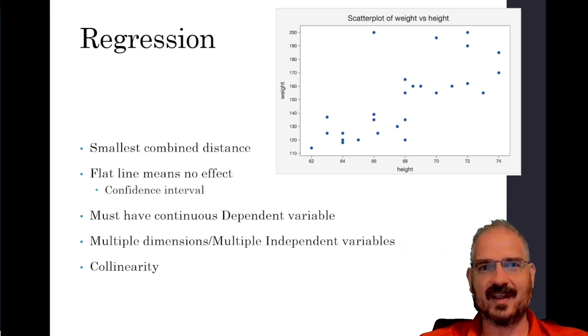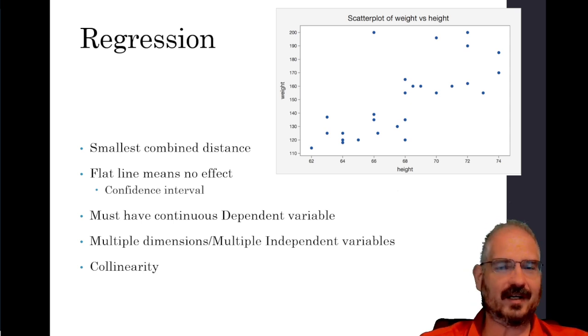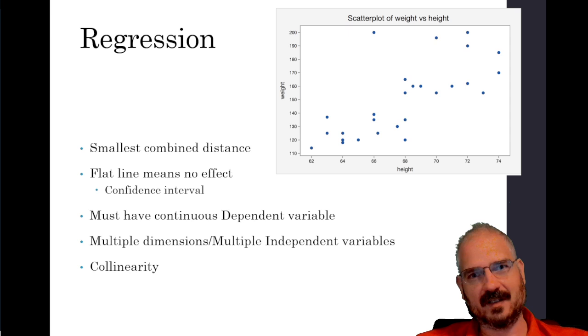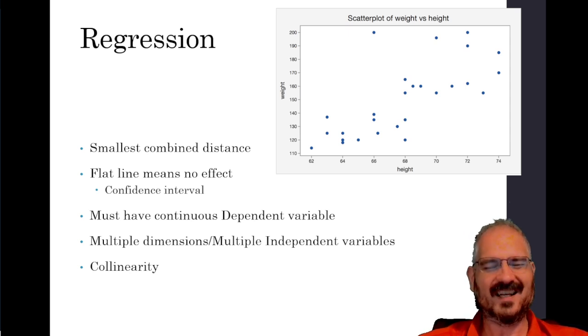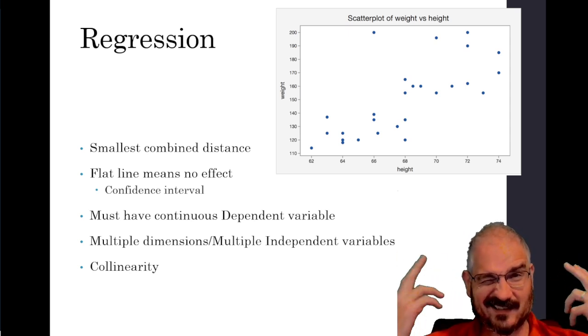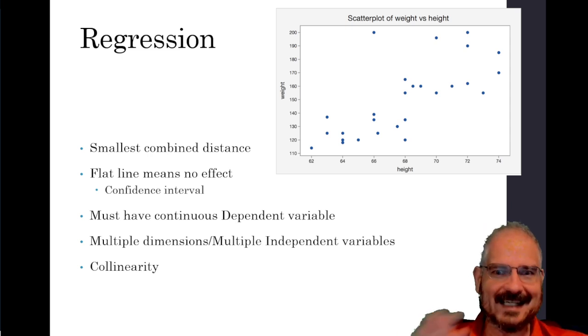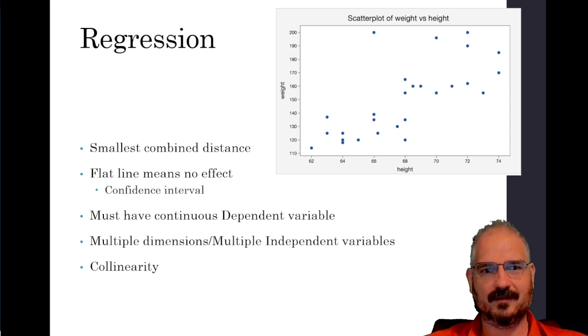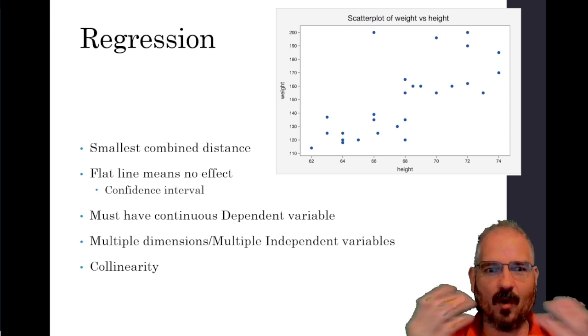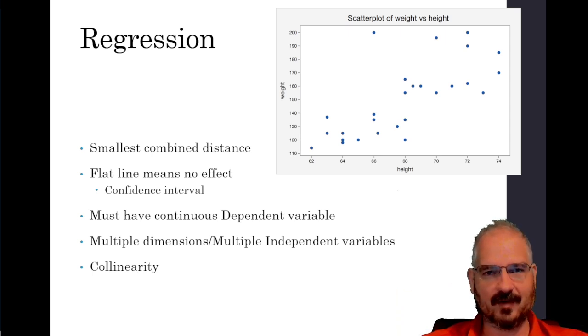Now, even though it's really outside the realm of the human brain, we can do it in even more dimensions than that. We could theoretically have a whole bunch of independent variables. And we just have to calculate this line in kind of multi-dimensional space. And it's really hard for the human brain to get around that, but it's easy for the mathematics involved, right? So with OLS, we can have a whole bunch of independent variables.